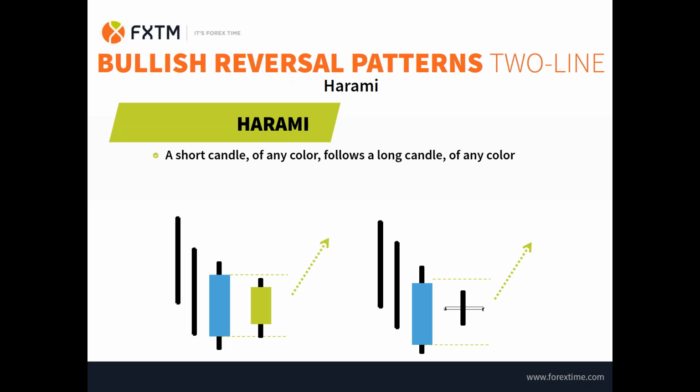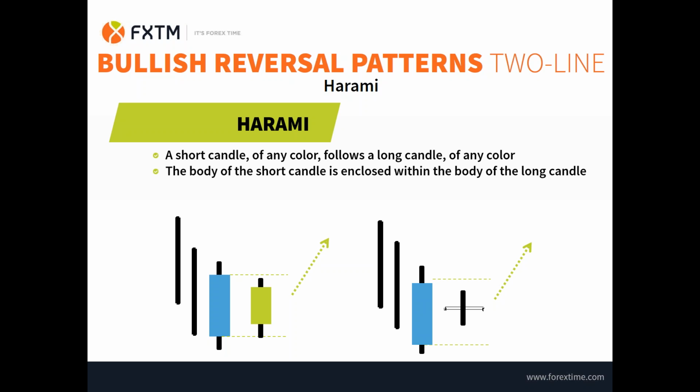It's a short candle of any color. That's why we painted it green, so we can imply that it can be any color, right? It might be bullish or bearish color. This is what I mean, actually. And that short candle, which is of any color, is enclosed within the body of the longer candle.